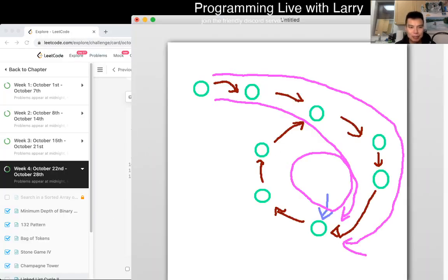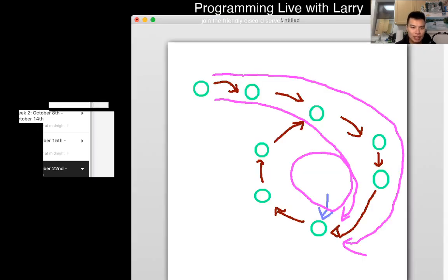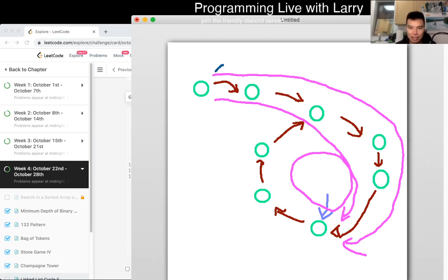That means that we now have enough to draw some formulas, hopefully. Basically, you have this chunk, which is A, say, and we're trying to find A, actually, because we want to find the start of the cycle.